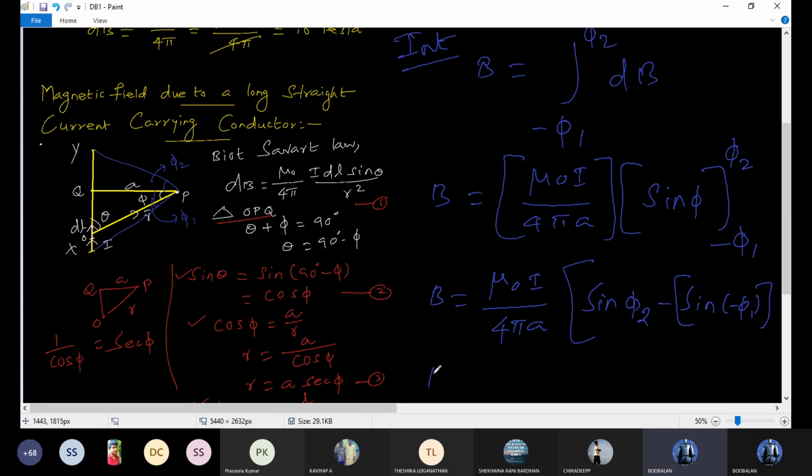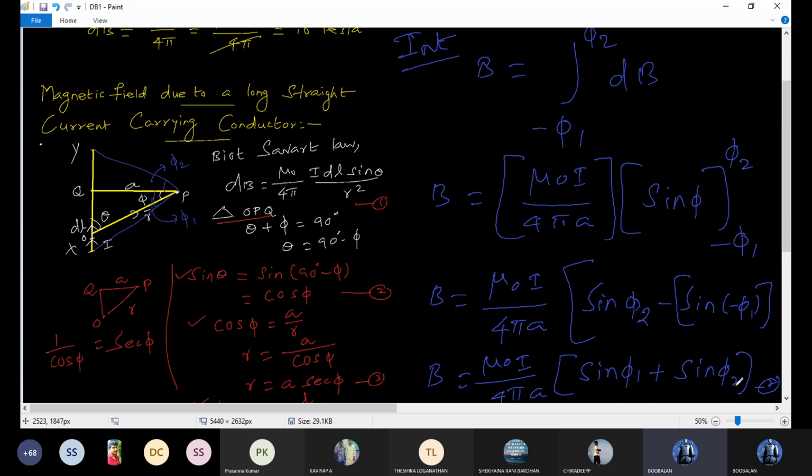Then you will get B, the magnetic field, equal to mu naught I divided by 4 pi A, sin pi 1 plus sin pi 2. So this is the last equation, equation number 7.